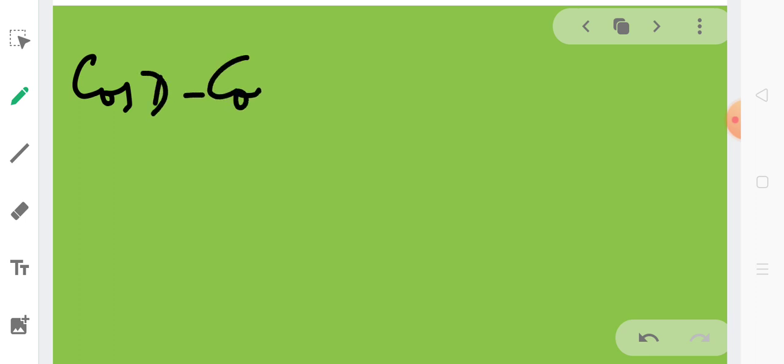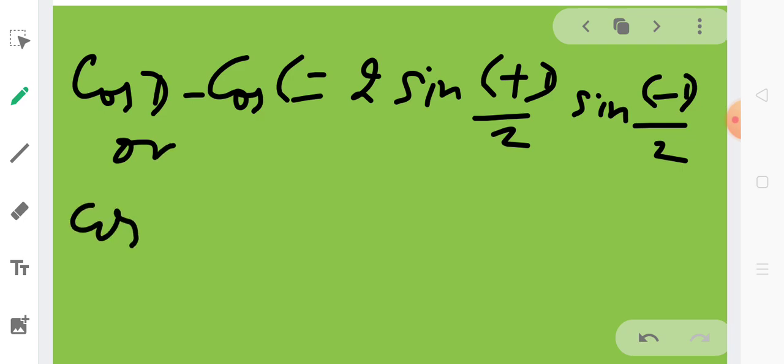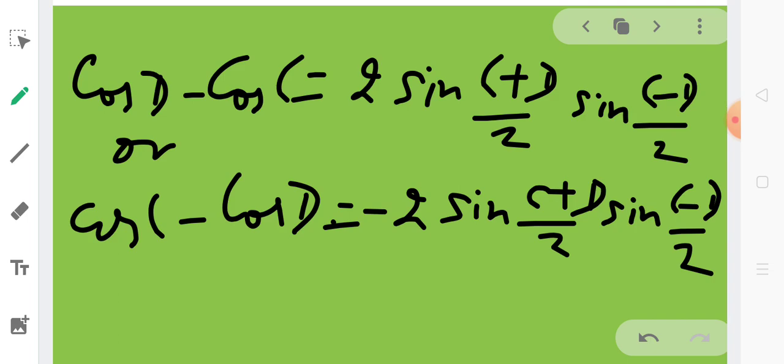Cos d minus cos c will be equal to 2 times sin of c plus d by 2 sin of c minus d by 2. Or you can write cos of c minus cos of d equal to minus 2 times sin of c plus d by 2 sin of c minus d by 2.